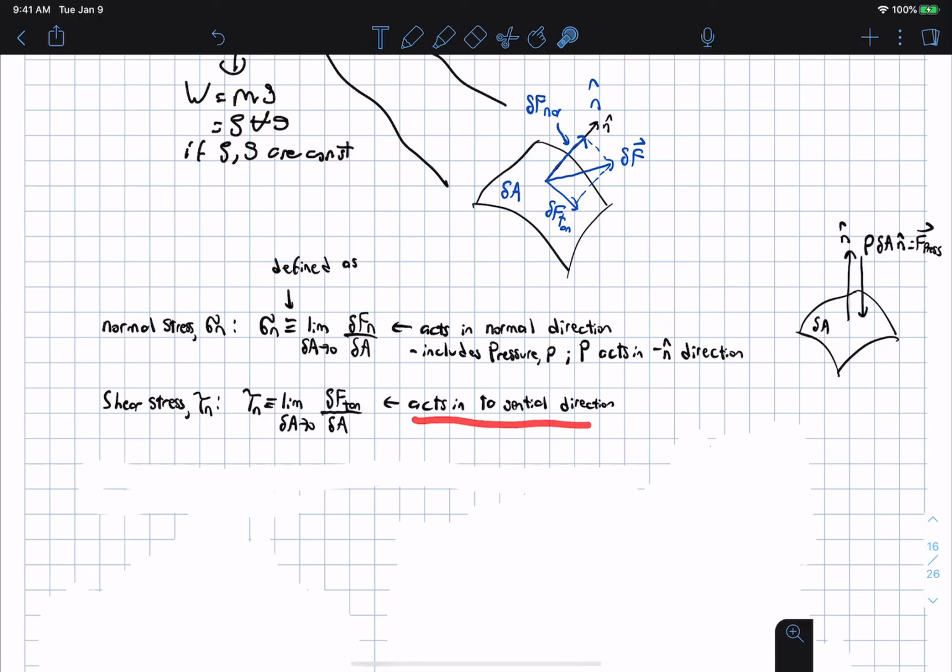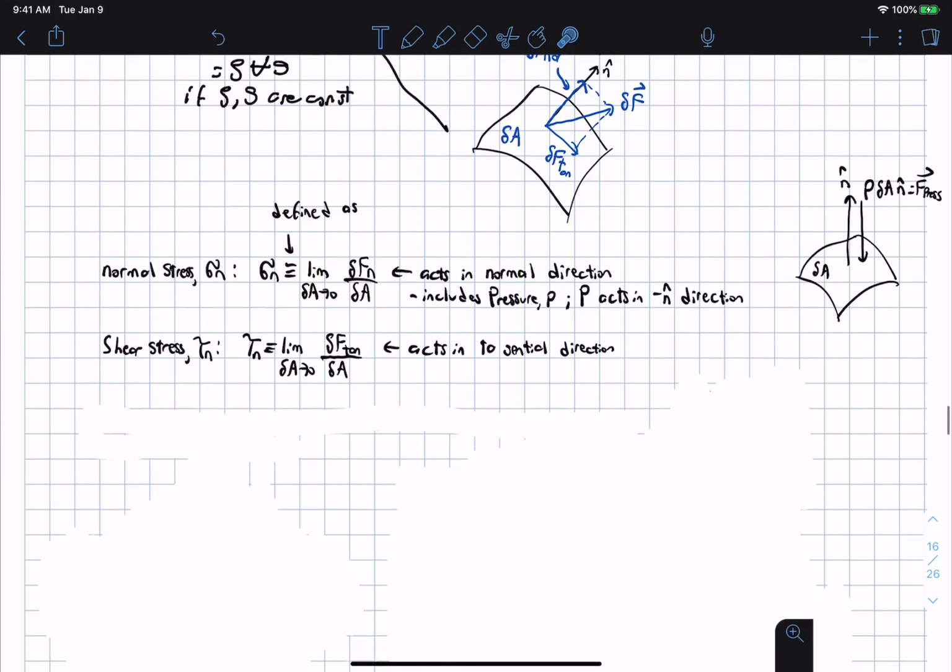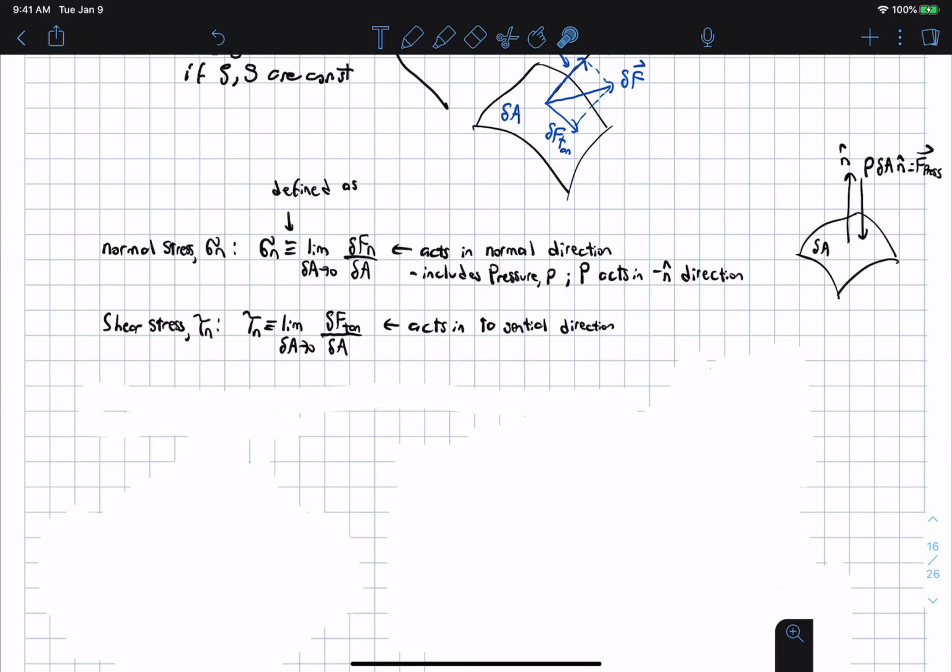This acts in the tangential direction, and so that would be the net shear stress. This is very similar to what you did in solid mechanics.